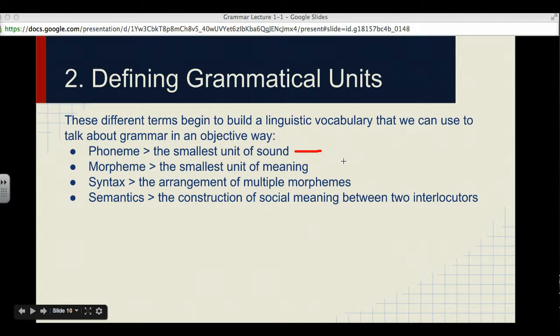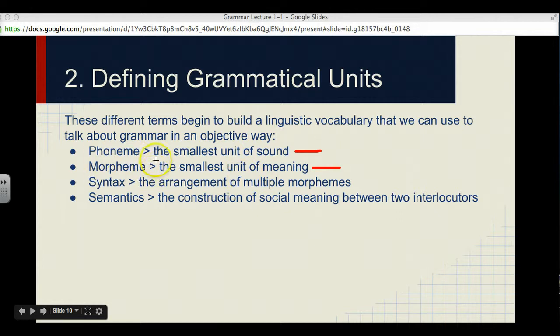These units of sound by themselves don't carry meaning, like the difference between saying buh or duh. But combine them with other phonemes to say something like dog, with D, O, and G, and you have three different phonemes that we can combine into one singular morpheme, which is the smallest unit of meaning.